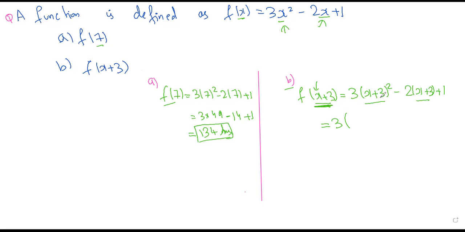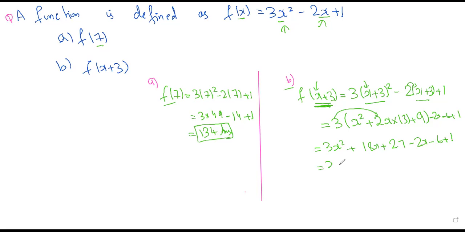So x plus 3 square is what? This number square, that is x square, plus 2 into x into 3, plus 3 square, that is 9, minus 2 into x, that would be 2x, minus 2 into 3, that would be minus 6, plus 1. This is 3x square plus 3 into 2x, that would be 6x into 3, that is 18x, plus 3 into 9, that is 27, minus 2x minus 6 plus 1.